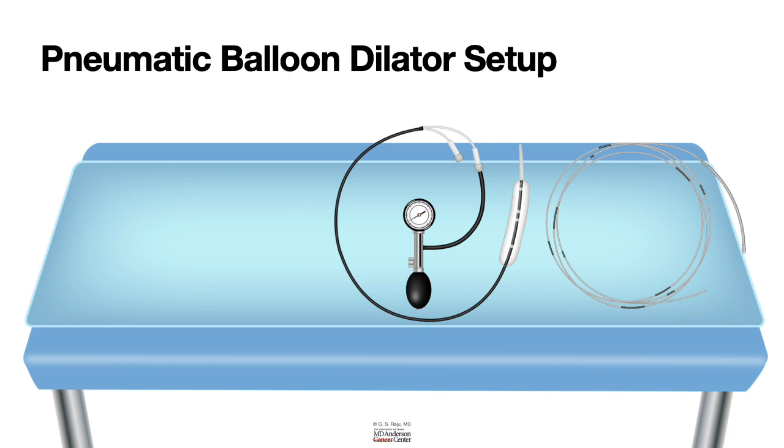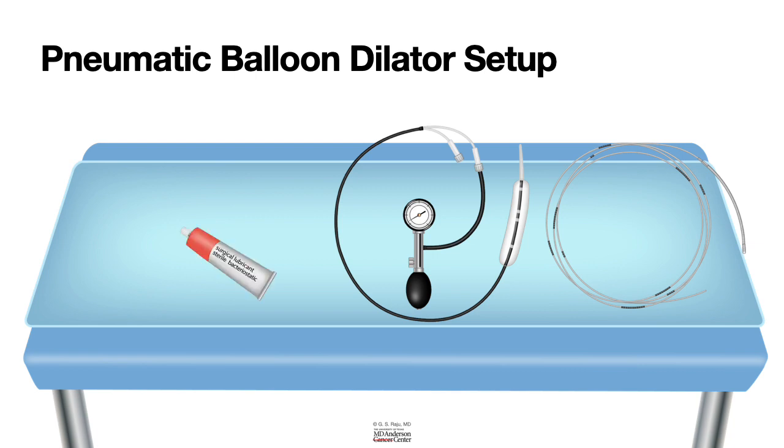You have to pass the guide wire into the stomach and take the scope out, and over the guide wire you pass the pneumatic balloon dilator under fluoroscopic control. So that is the difference between pneumatic balloon dilation and regular stricture balloon dilation.